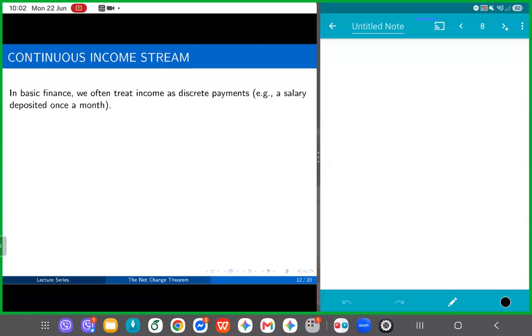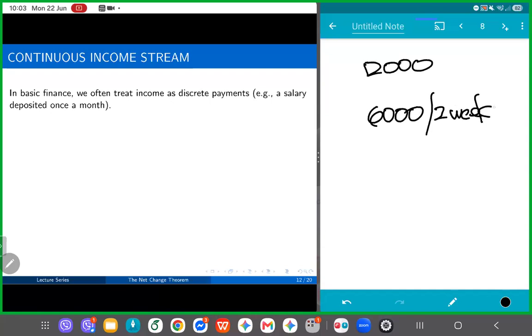So let's say a certain individual is earning 12,000 a month. Instead of being given the 12,000 monthly, let's say this is given semi-monthly, every 15th and 30th. So the rate of income flow is said to be 6,000 per 2 weeks.